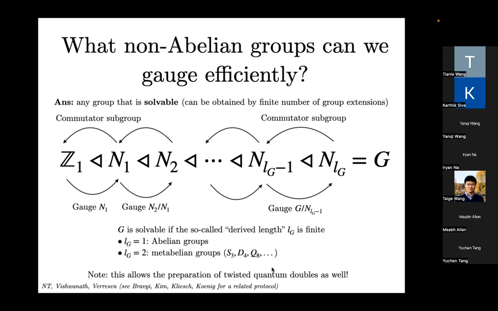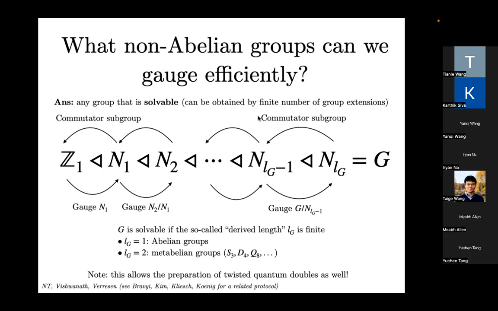Let's say, this sequence is not unique. Well, I'm defining it such that it's unique. I'm computing the commutator subgroup. Of course, you can decompose it in different ways that is not this manner using commutator subgroups. But it turns out it won't matter.